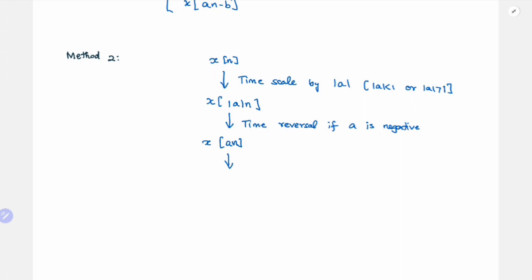I should time shift by b by a. So then I'll get x of a into n minus b by a. Because in time shifting, we have to replace n with n minus whatever the value is, right? So this is nothing but x of an minus b, which is what we wanted.